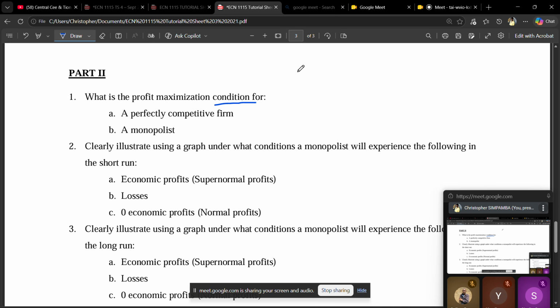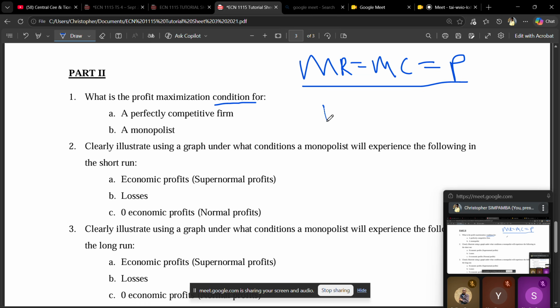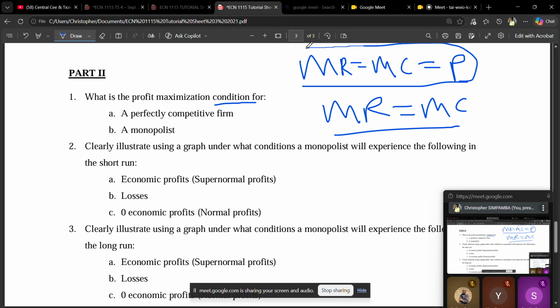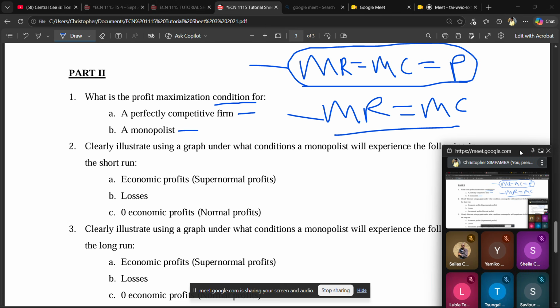The condition is that it will set its output at a point where marginal revenue is equal to marginal cost, which is also equal to price. In this manner, because they're comparing a monopoly and a perfect competition, a perfect competition has this condition and a monopoly has this condition.